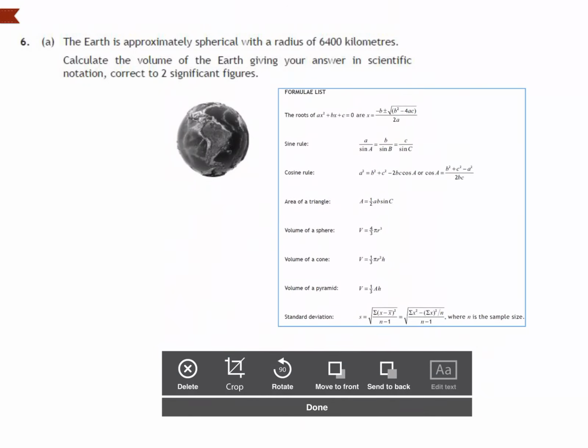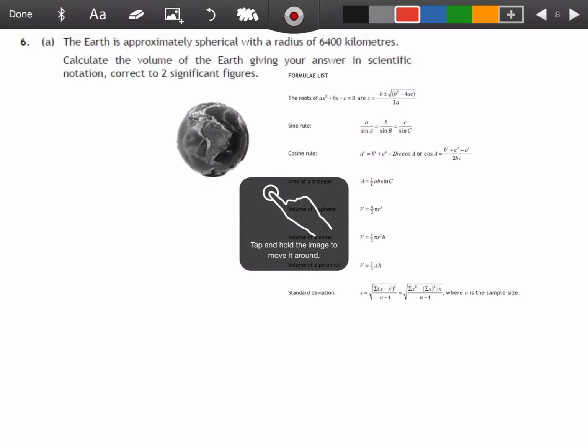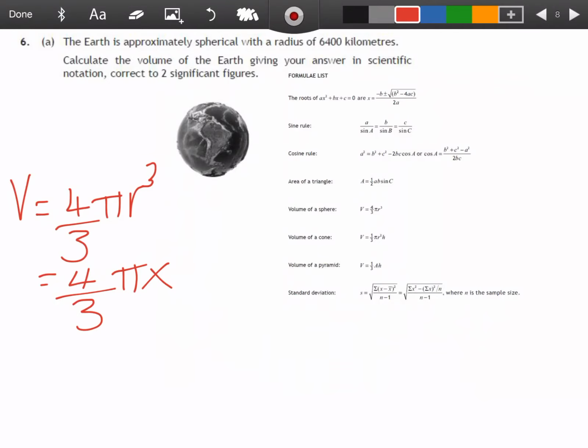Here's a formula list. The volume of a sphere, 4/3 pi r cubed. Remember your volume formulas are all there. Don't memorise them. The radius is 6400, and it's to the power 3. Take your calculator.